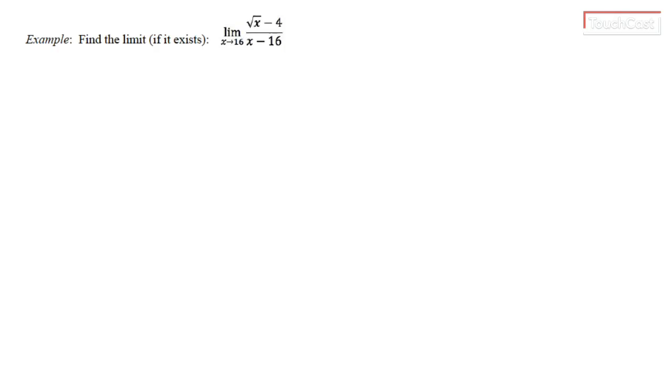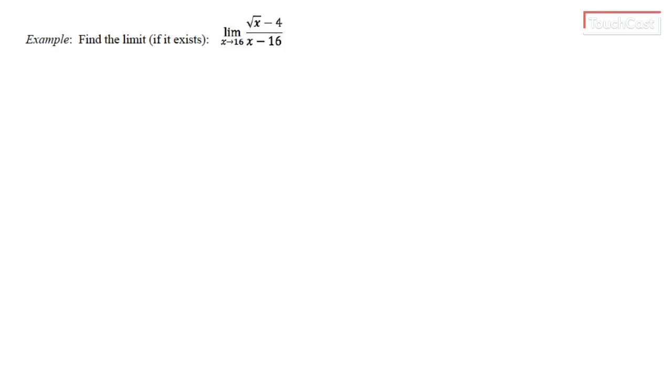So another technique we might try is called rationalizing the numerator. You probably have some experience rationalizing a denominator. If you had a complex number, for example, or a radical expression in a denominator, you might remember multiplying top and bottom by the conjugate of the denominator. So here we're going to multiply the top and the bottom by the conjugate of the numerator.